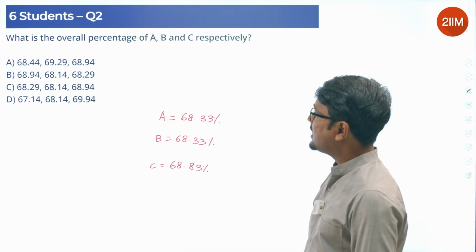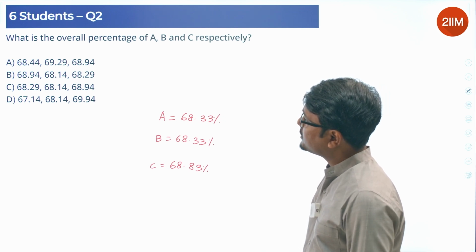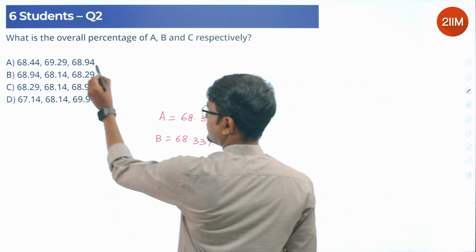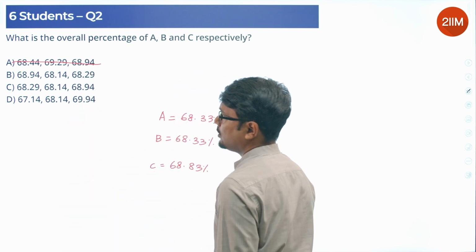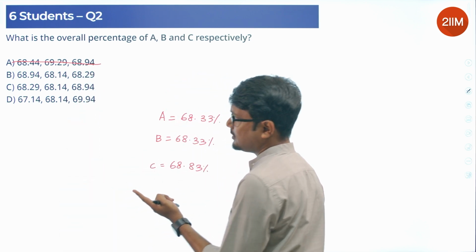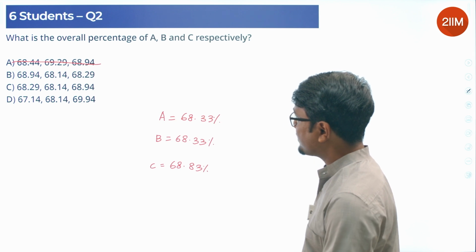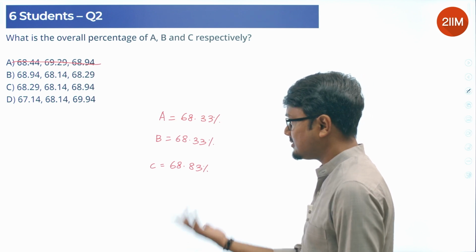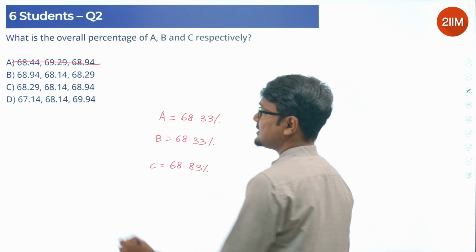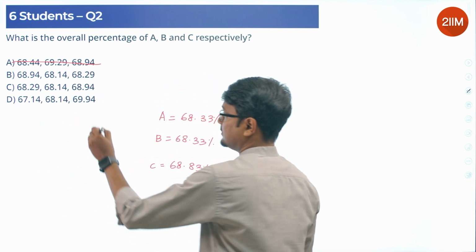Now we'll check it out. Option A has 69, not possible. Option B, 68, 68, 68, but the decimals are different. We'll check with C, 68, 68, 68. Again 67, 68, 69, so D is also cancelled.